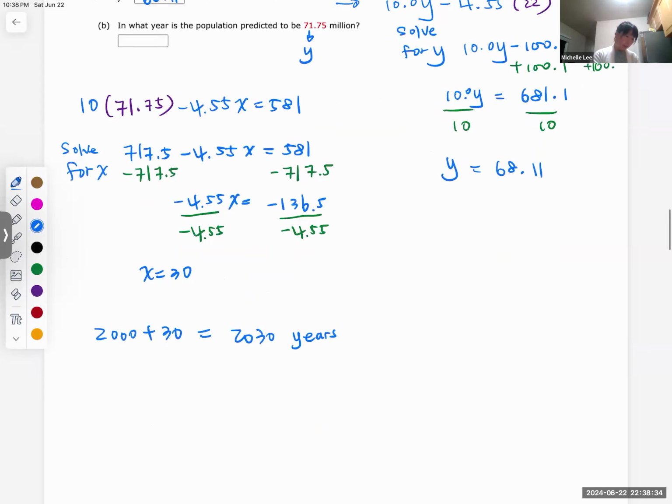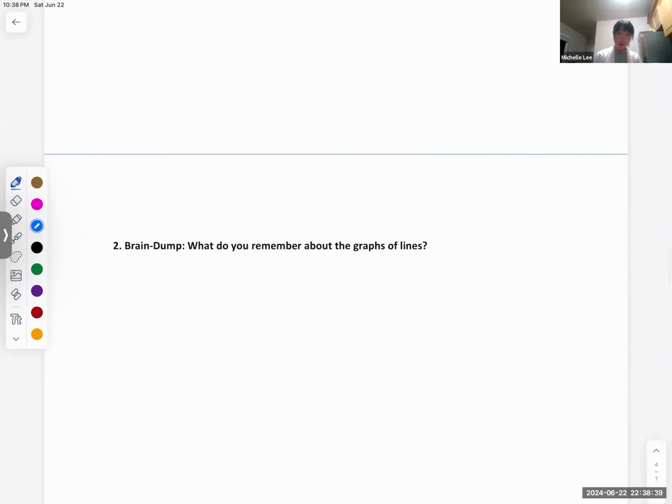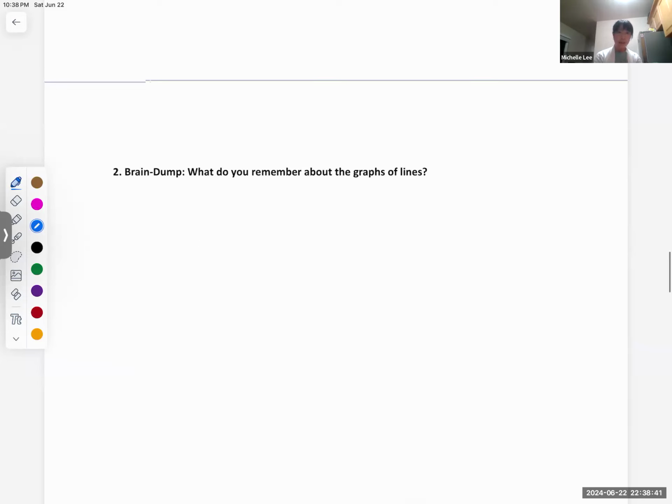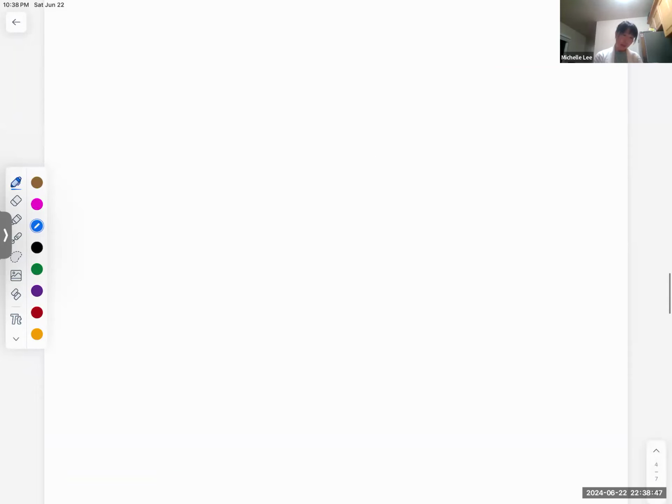Okay. Let's do this one. What do you remember about graphs of lines? Is it linear, the lines? Like a straight line, right? So those kinds of lines. Straight line.